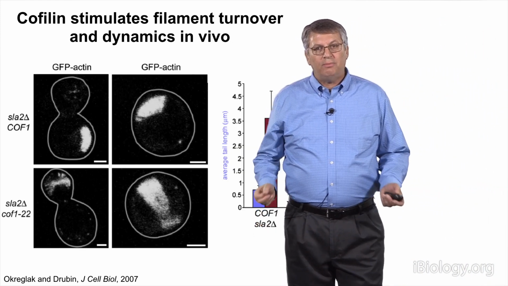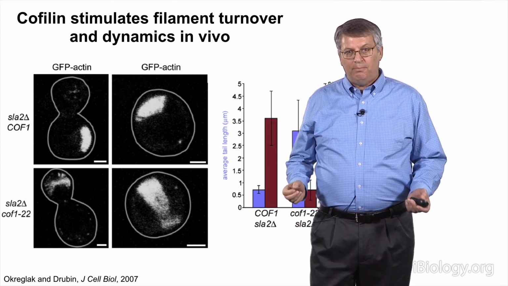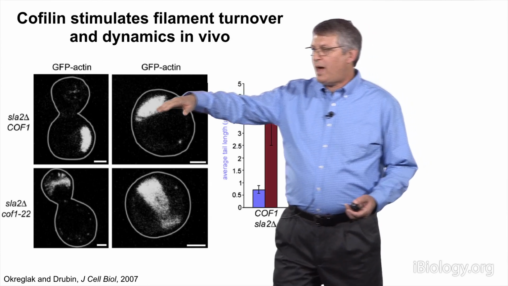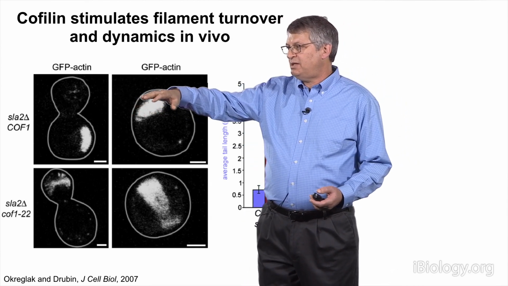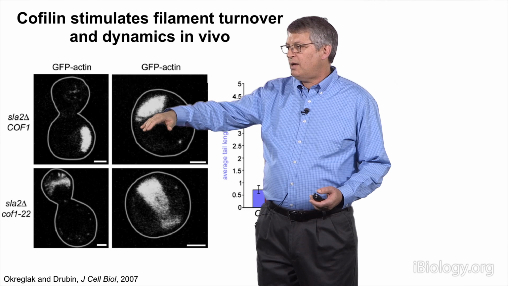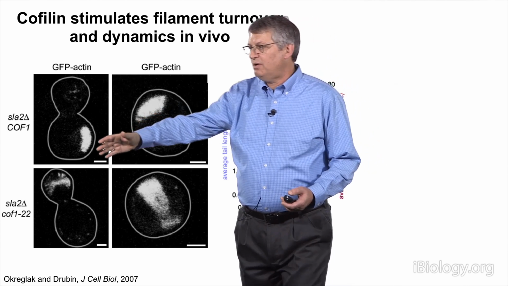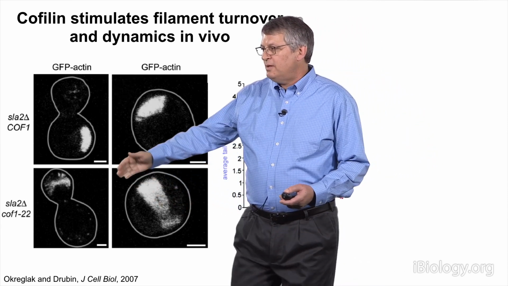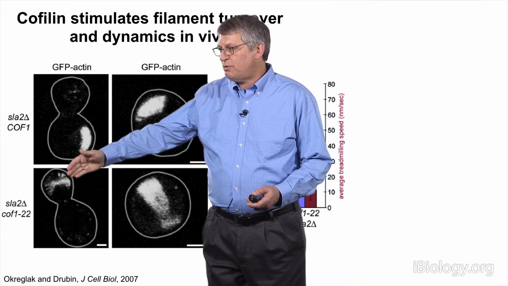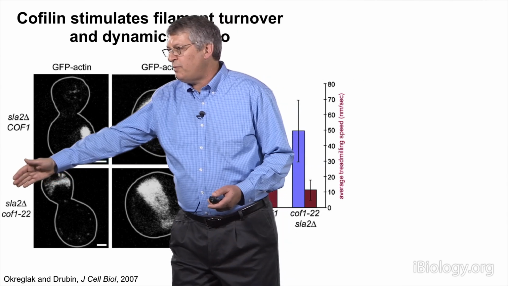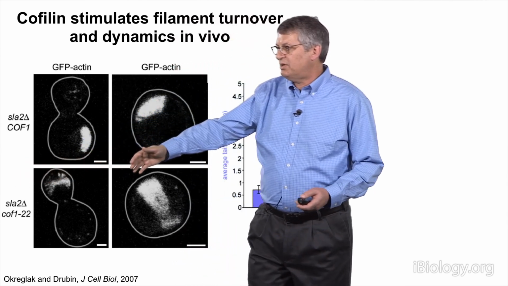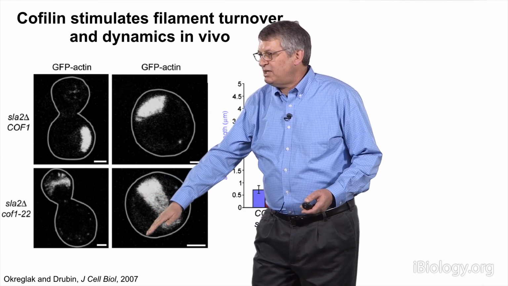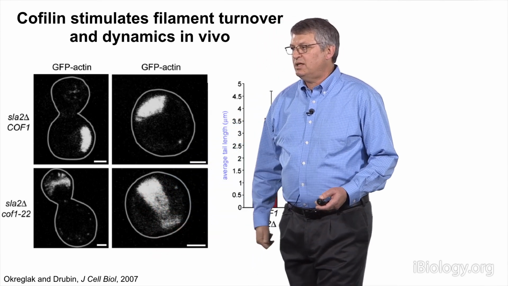So now, when he made mutations in cofilin and put them in this background that makes these tails, so with wild-type cofilin, the tails extended from the surface of the cell a short distance into the interior of the cell, here and here. But when he made the mutations in cofilin, the tails started to assemble at the surface, and they extended all the way across the surface to the other end of the cell. And here, in a mother cell, the tails are extending all the way from one side of the cell to the next.